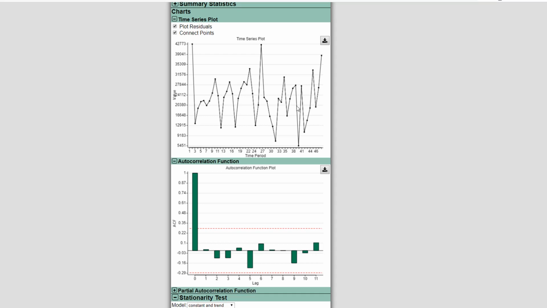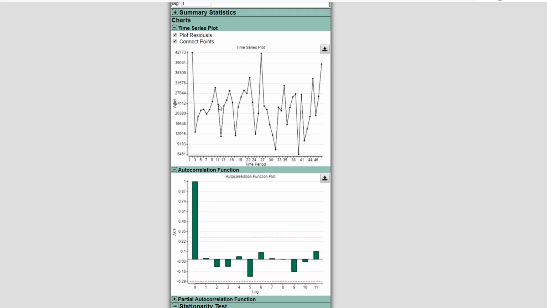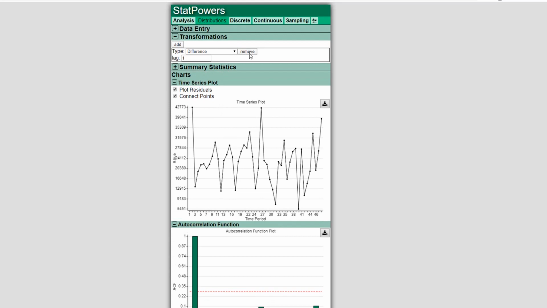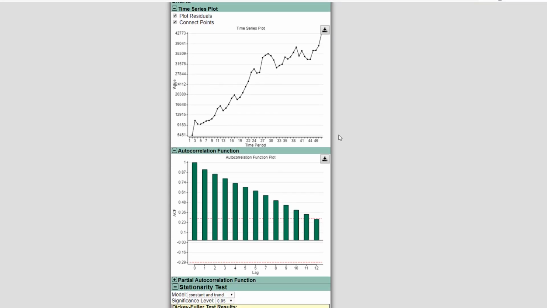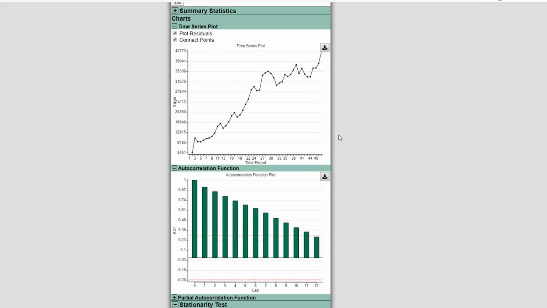Differences: if I remove the difference transformation, I can look and see my autocorrelation function with the differences not there. You can see that each time step is very highly correlated with the times that came before it.